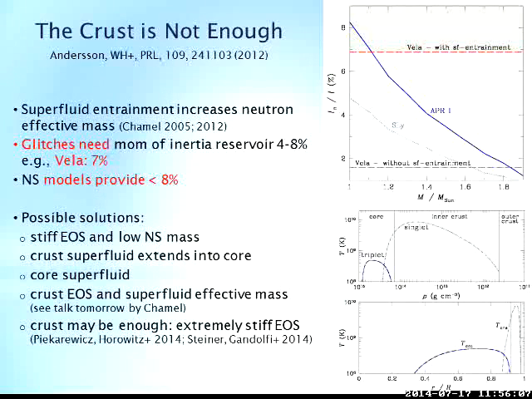How much do they have? Is that at each glitch? Well, at each glitch, but you found that value by averaging over many glitches. For Vela, it's like 25 glitches. So the 7% is pretty reliable.